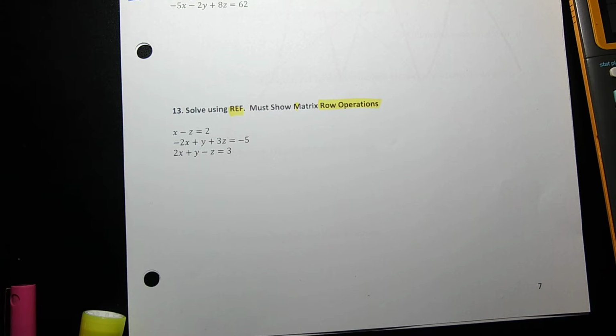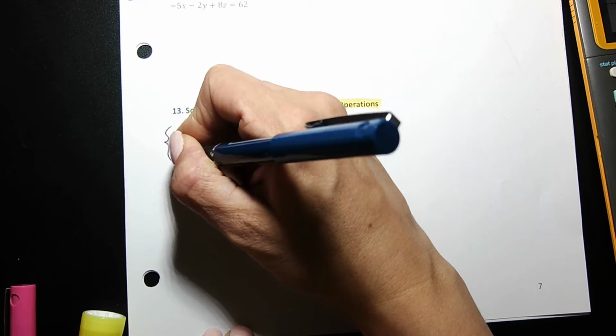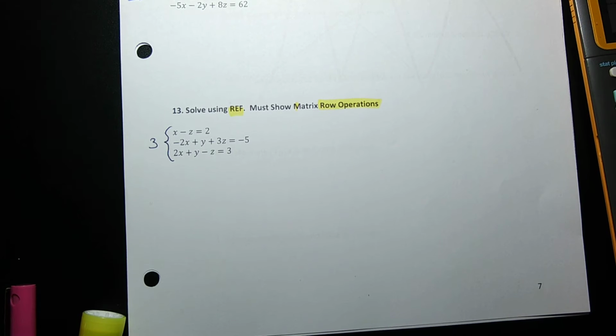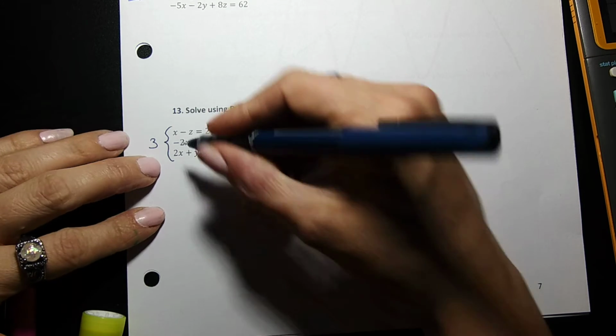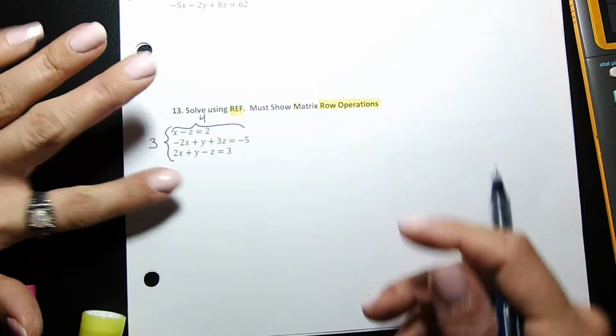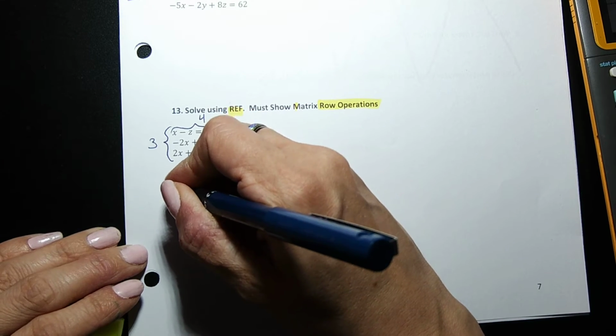So in an augmented matrix, every equation represents a row. So 3 rows. Anyone remember how many columns we're going to have? 1 for the x, 1 for the y, 1 for the z, and 1 for the constant. So 4 columns. Leave enough space above your matrix to show any row operations.